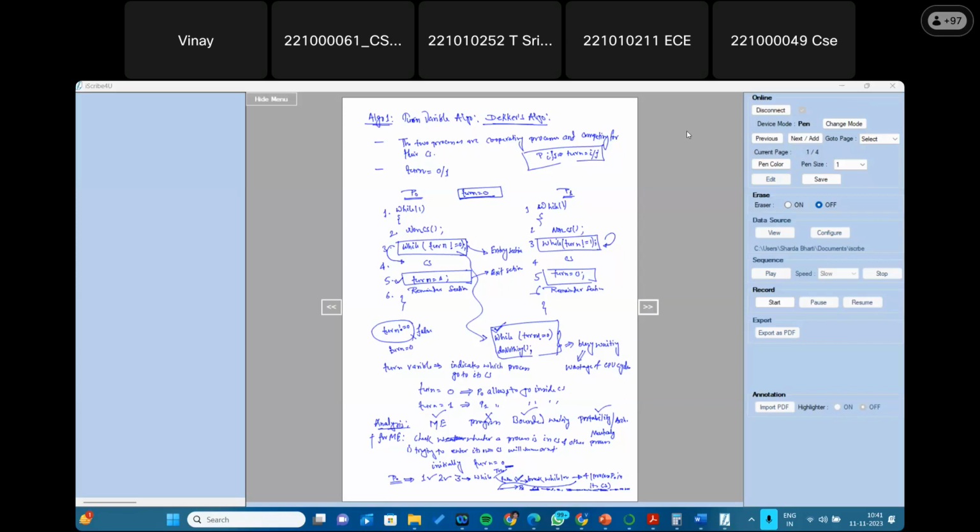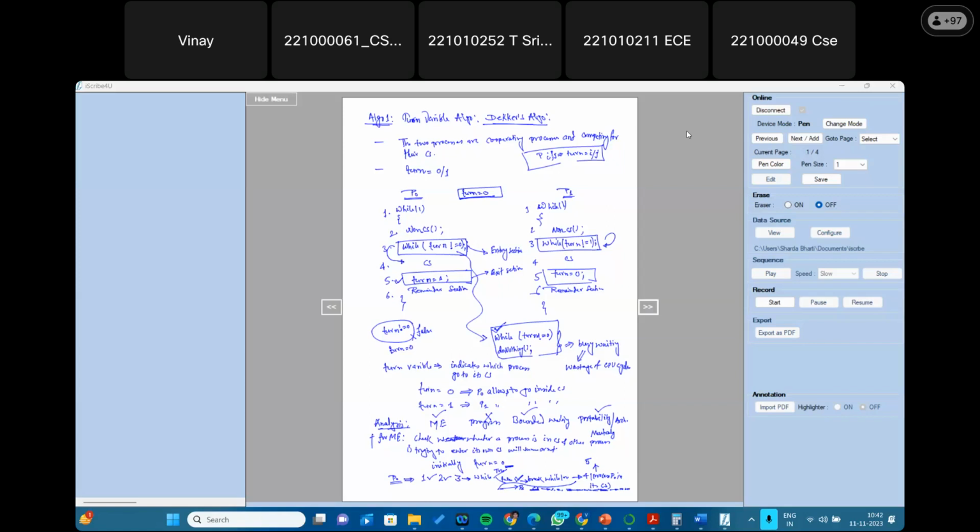Now, what will happen then? After 4, it will execute 5. When we execute the fifth instruction of P0, it makes the turn value equals to 1. Now, since turn not equals to 1 is a false statement, P1 enters the critical section.